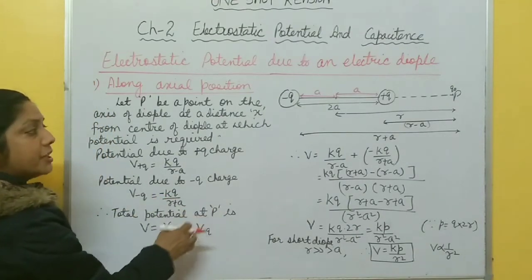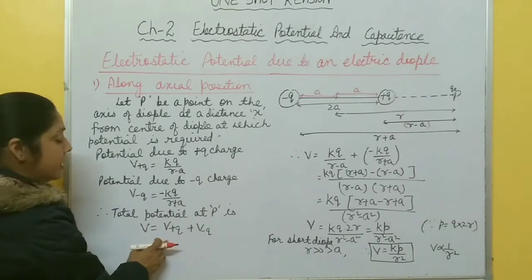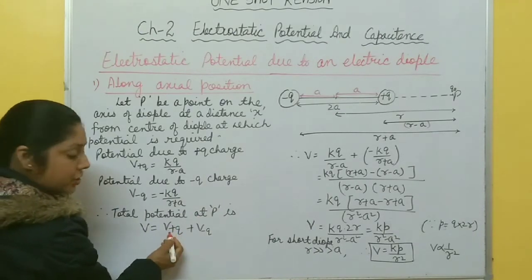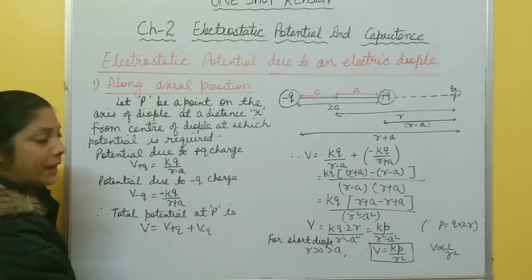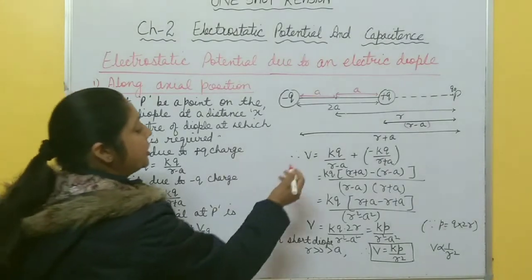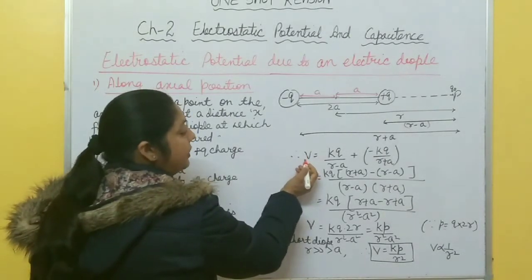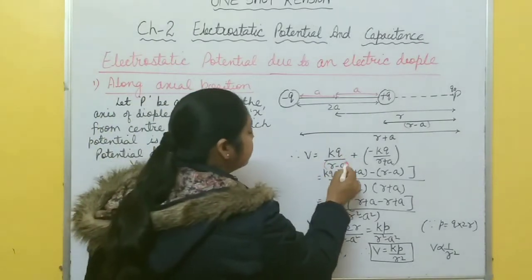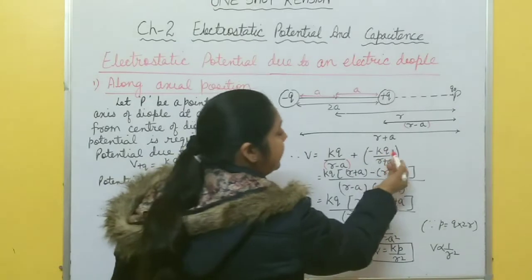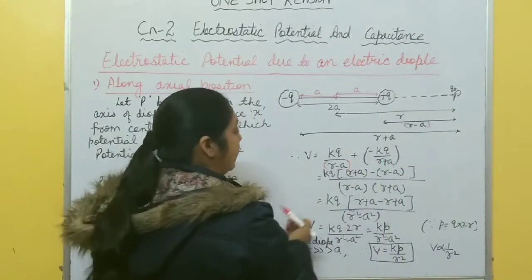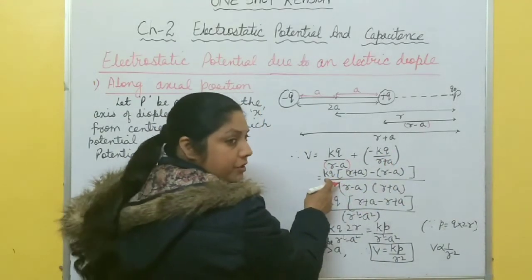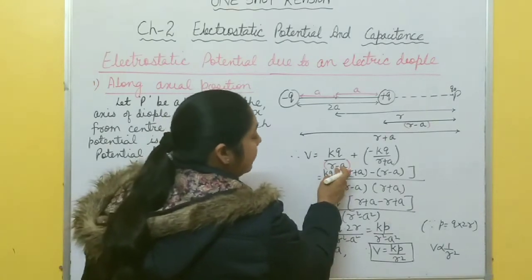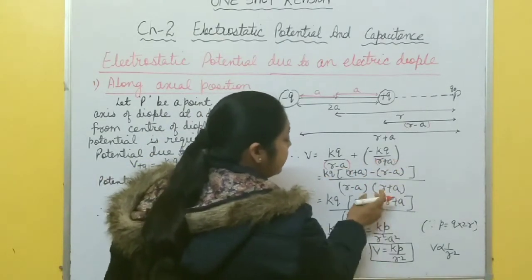Now the total potential at P, as it is a scalar quantity, is the potential due to the plus q charge plus the potential due to the minus q charge. So the total potential at point P becomes V equal to kq by r minus a, minus kq by r plus a. You take kq outside as common, and the LCM is r minus a and r plus a.